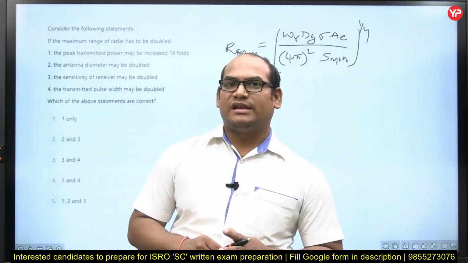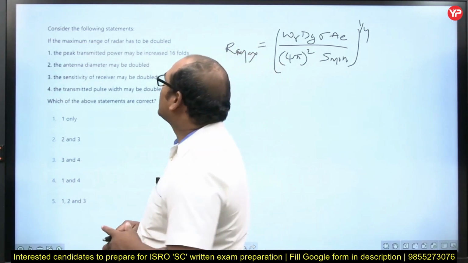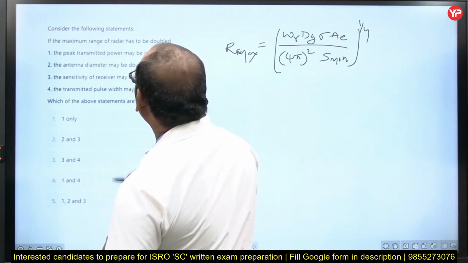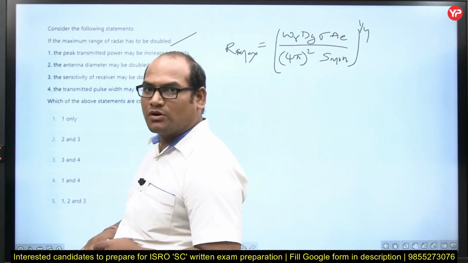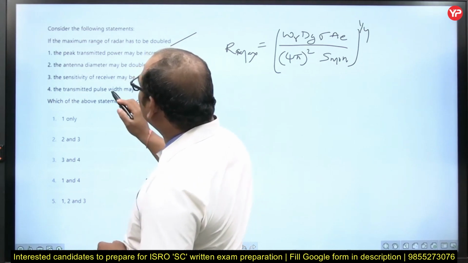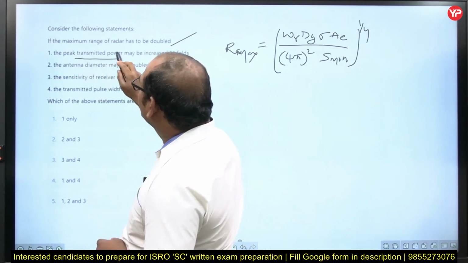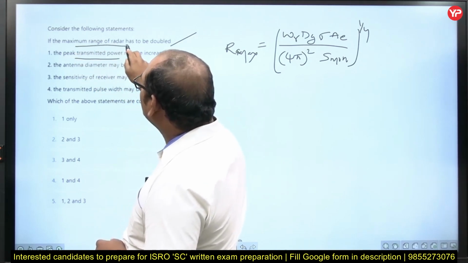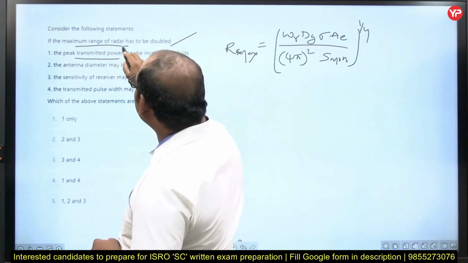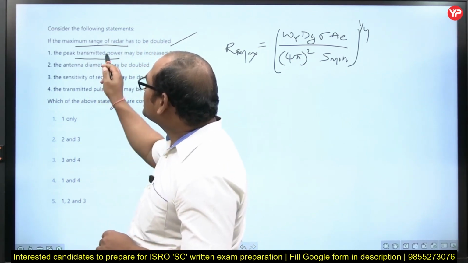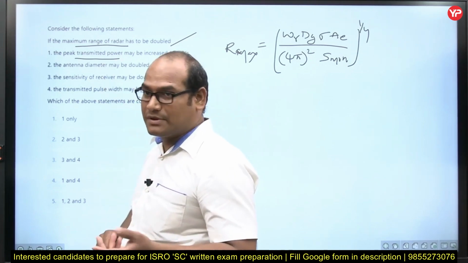Now the next question is related to radar. Consider the following statements if the maximum range of the radar has to be doubled. Okay, so peak transmitted power. So first option is peak transmitted power, but what we need is the maximum range of the radar has to be doubled. So R must be doubled in such a way that what is to be done for the transmitted power.